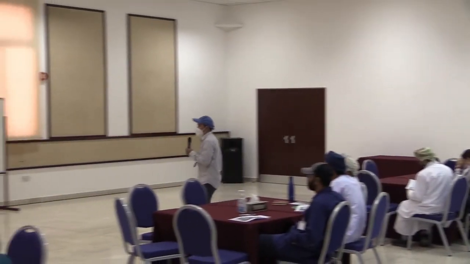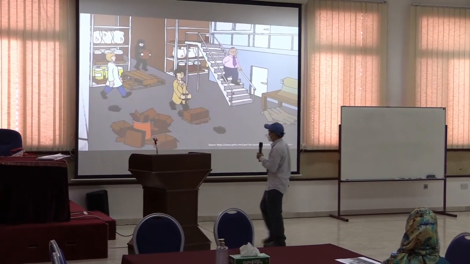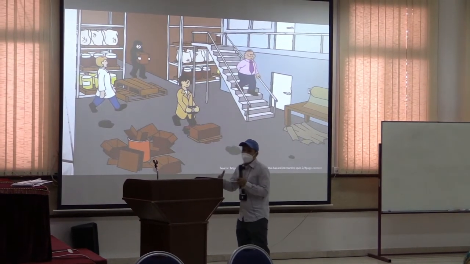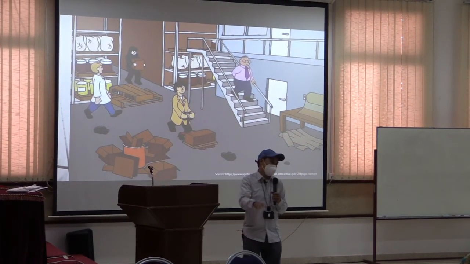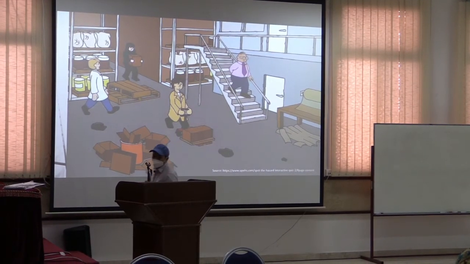So most of you pointed out more or less the issue of housekeeping, the issue of a slipping and tripping hazard, and some of you, though not directly identifying it, also talked about the issue of ergonomics.